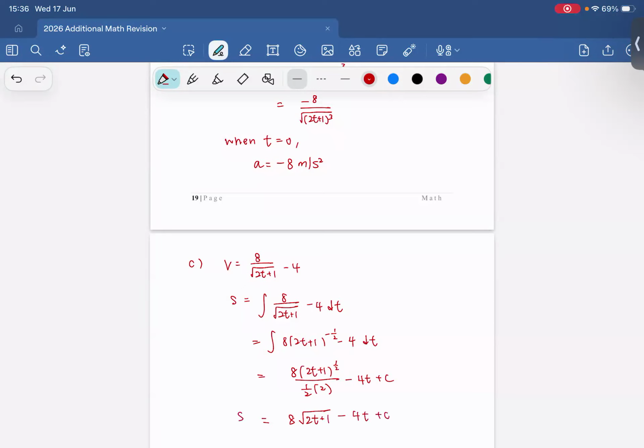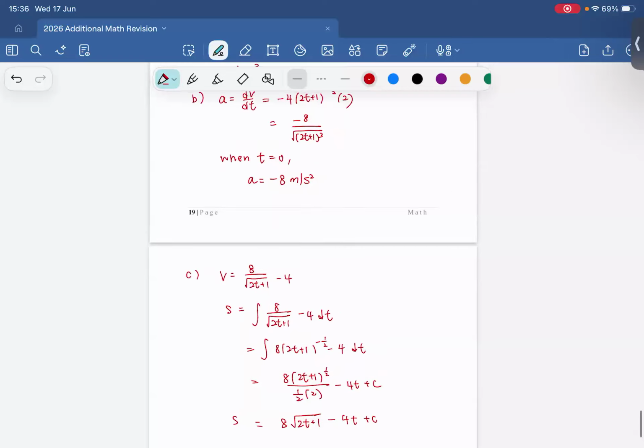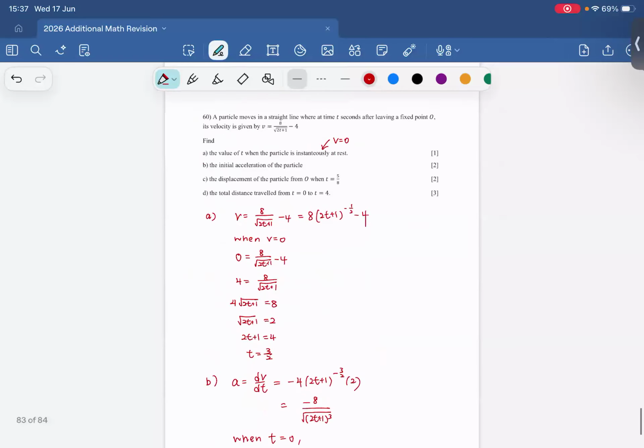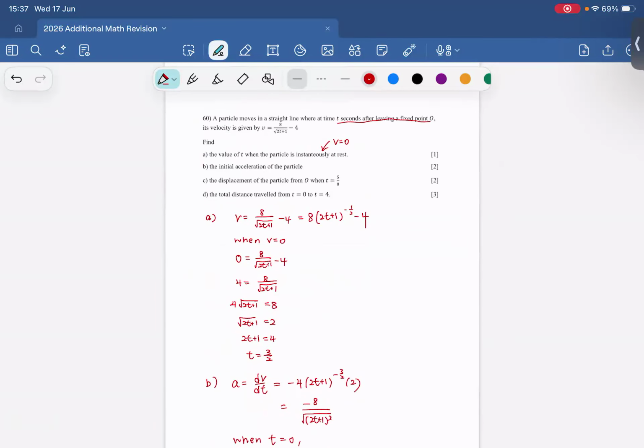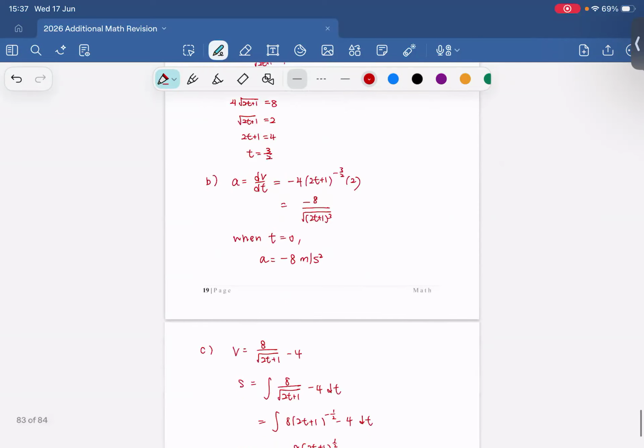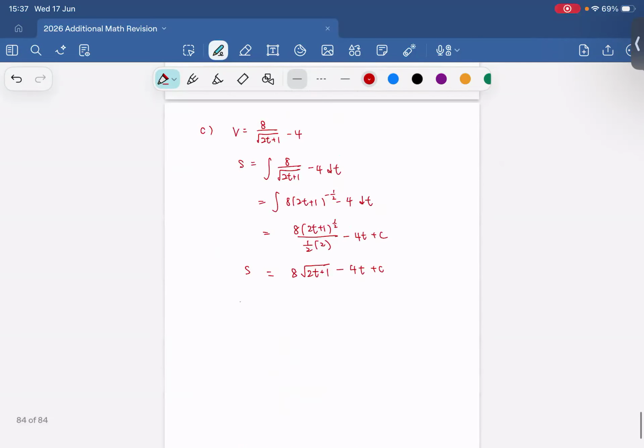Remember to find your C. So based on the question, t seconds after leaving point O, that means when it is at O, the s is 0, the t is also 0. So when t is 0, s is equals to 0. So 0 equals to 8 minus 8 plus C. So C equals to negative 8.